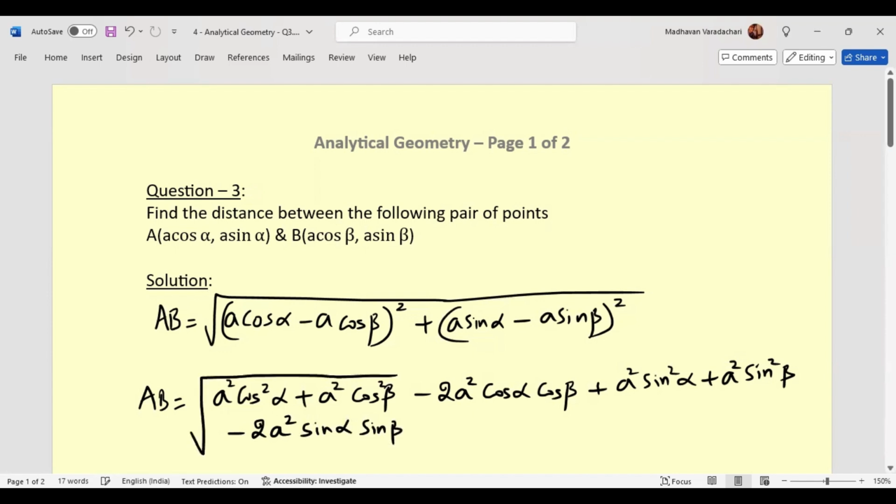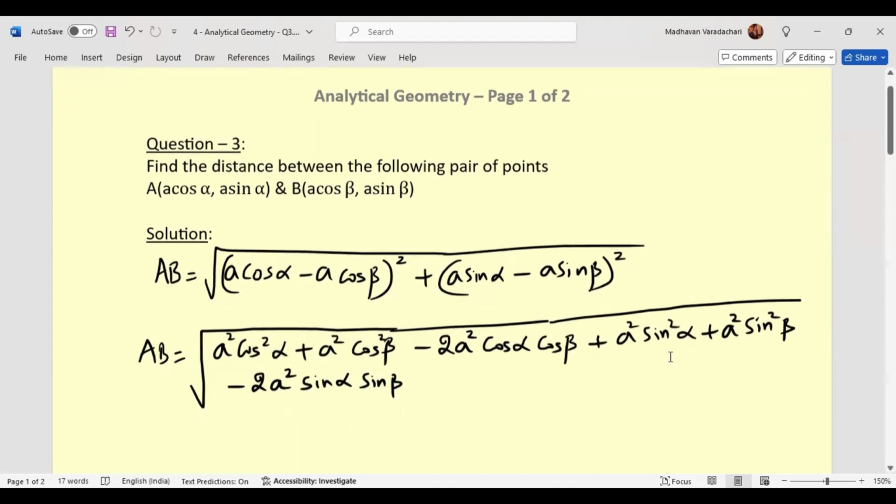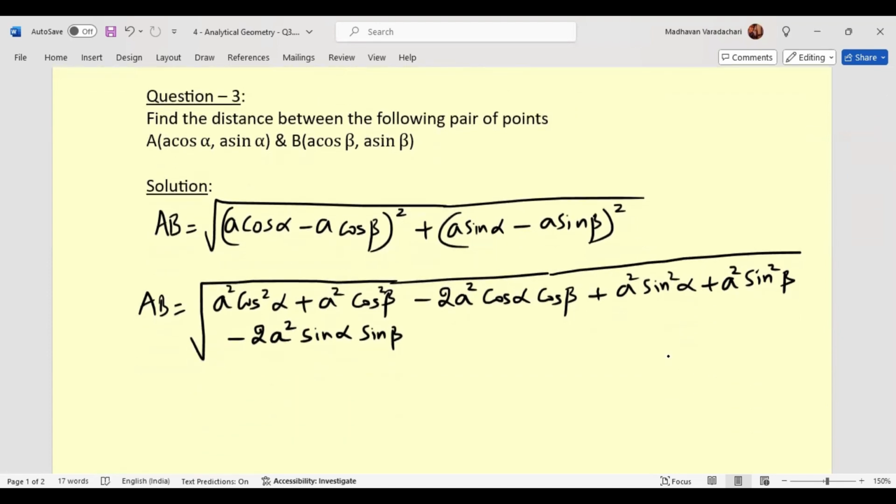All this entire thing under square root. This is equal to, we may notice everywhere a square is common, we can take that outside the square root, it will become a. So a, then first we have this cos square alpha plus sin square alpha.